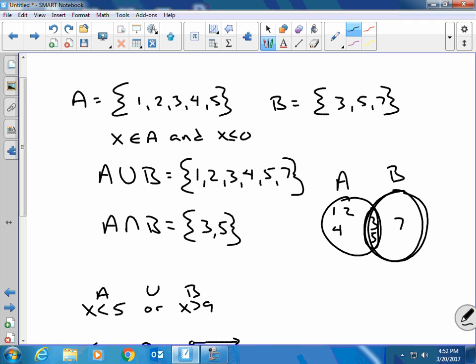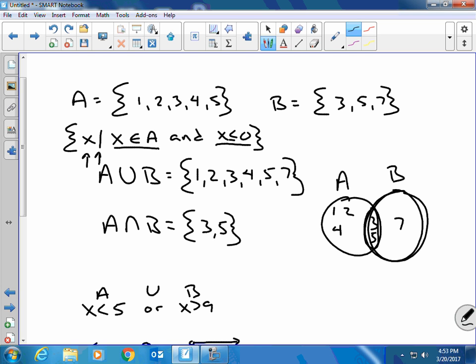Here's the other fancy way of saying that. I want the set of all x's such that X is a member of A and it is less than 0. So there's a fancy way of writing that, which you need to know. Okay? X is a member of, or find every element of X such that.